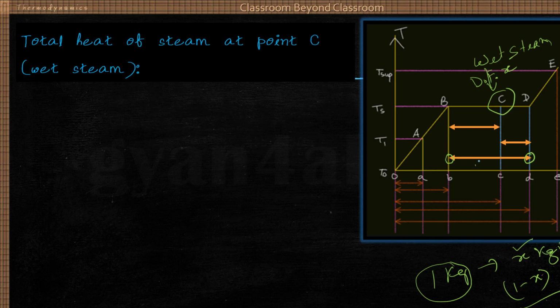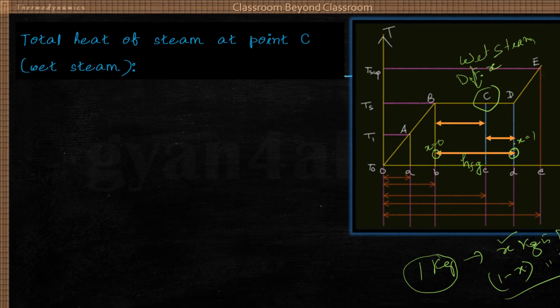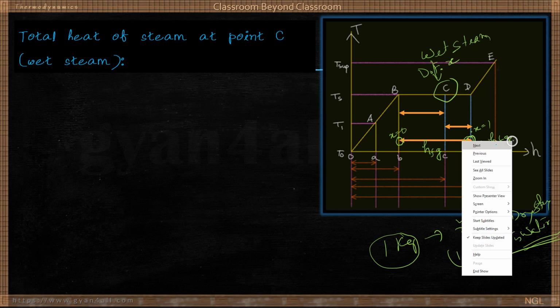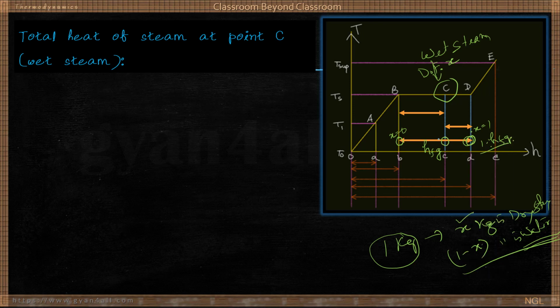Hfg. Good. In that case, at this point x equal to 0, and at this point x equal to 1. So Hfg means 1 into Hfg if it goes up to this point. But if it is at point C, this will be equal to x into Hfg.